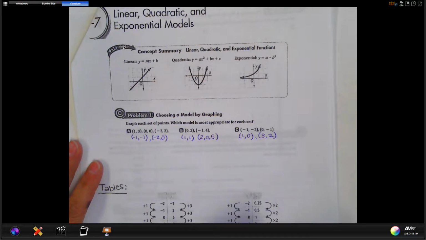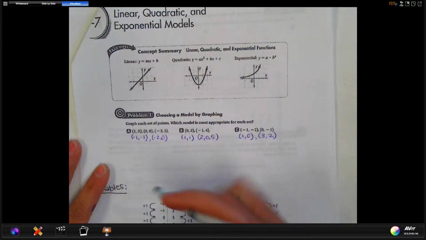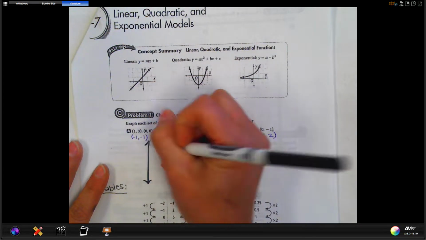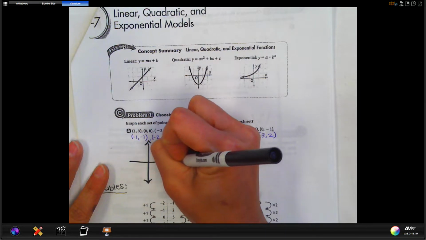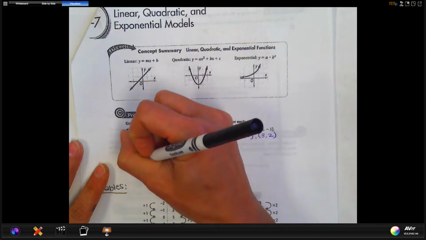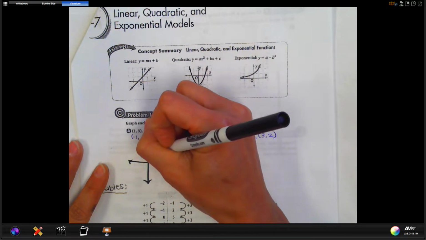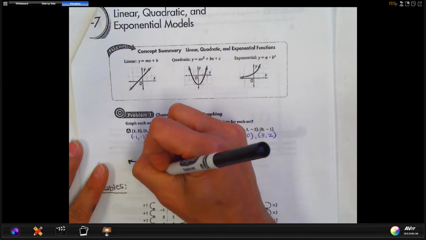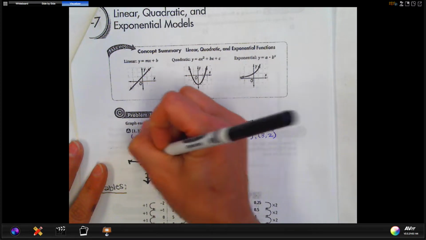So you can work smart, not hard. Do a 3 by 3 graph or even a 4 by 4 if you want a little room. You don't have to do a 10 by 10 graph if there are not that many points and they're not asking you to make further predictions. So I'm just going to do a 4 by 4 to give a little bit of extra room.